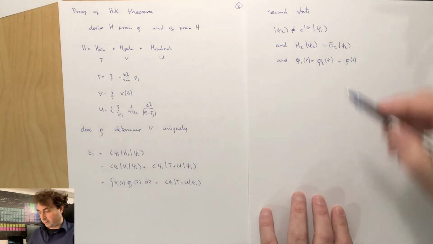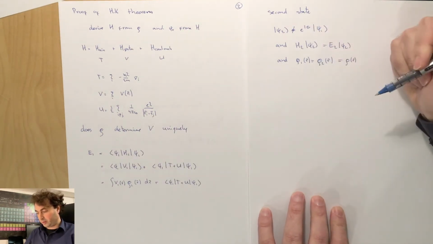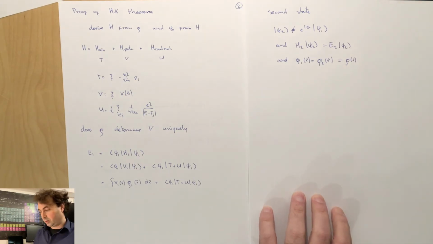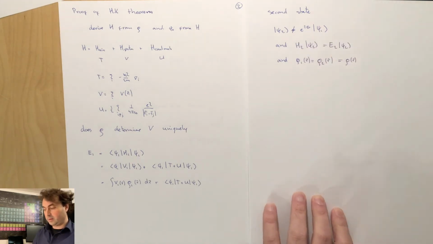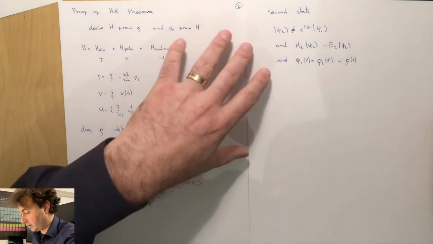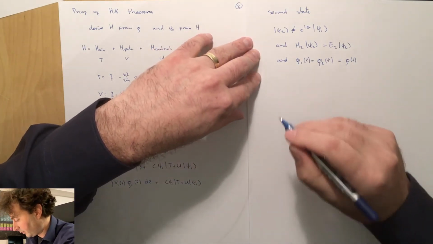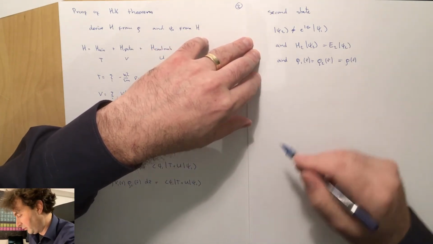So let's show that if this is true and that is true, then we get into a contradiction, and therefore these have to be equivalent when the densities are equivalent. And both of them are ground state wave functions.